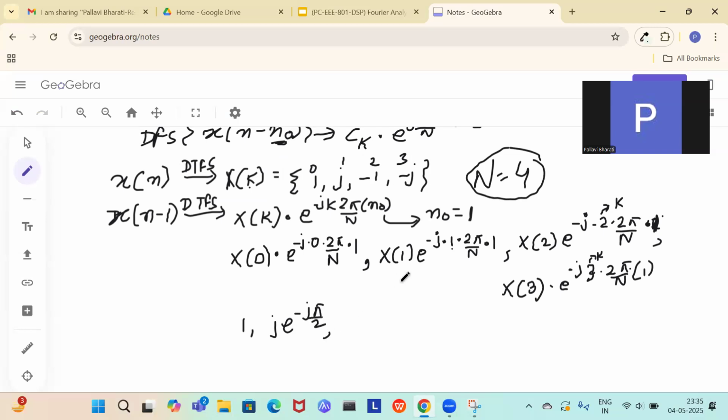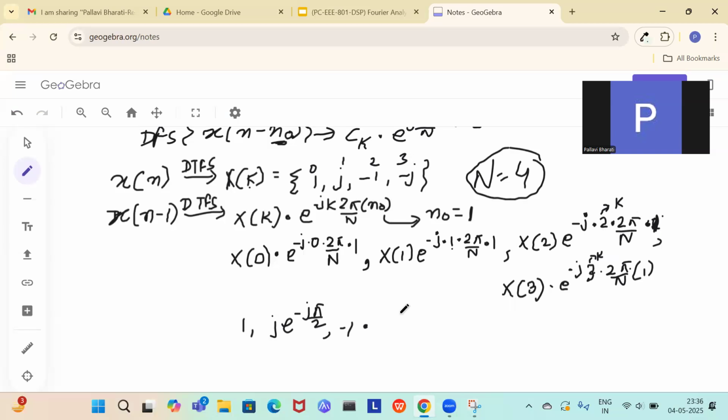Then the third one is X2. X2 is given how much? -1. So first I will write here -1. Next, the value of k is written here at this point. So e to the power -j times 2 times 2 pi by 4. This is a multiplication sign over here, don't get confused. So 2 pi by 4 will cancel and become 2, and then this 2 and 2 will get cancelled.